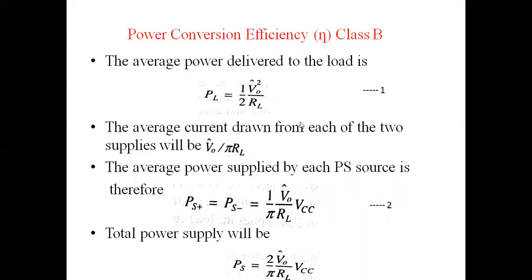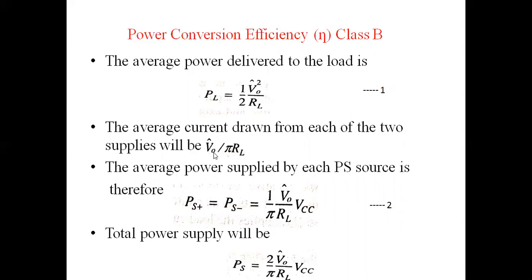Thus the average current drawn from each of the two supplies will be V naught cap by RL.